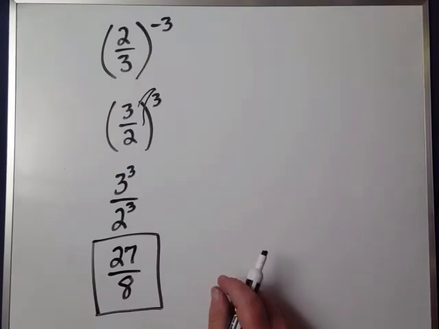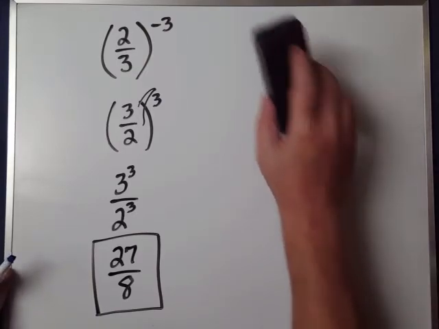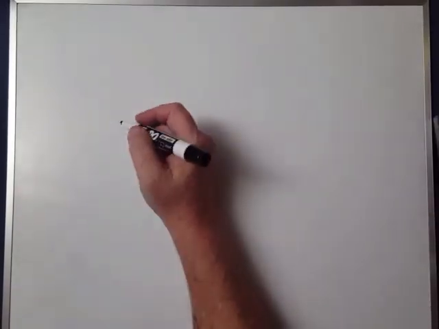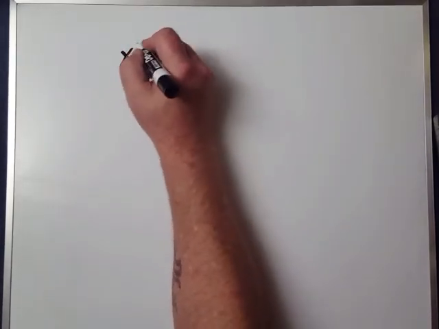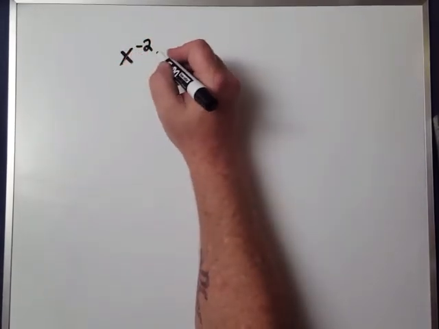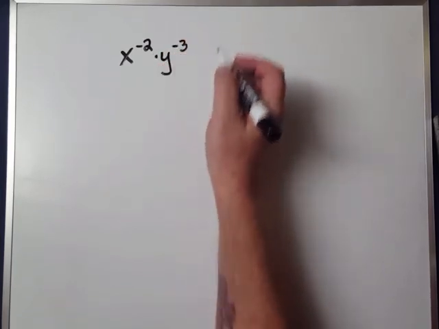Let's have a look at number 38. And I'm going to tell you right now, I like number 38. Number 38 is a good problem. Before I write it down, I want to consider this. x to the negative 2 times y to the negative 3.